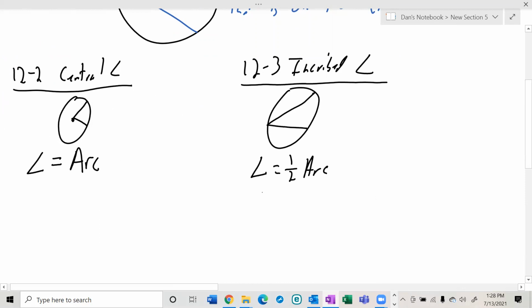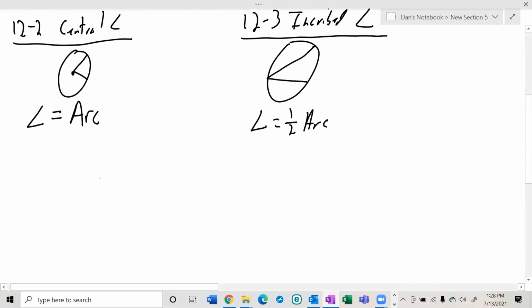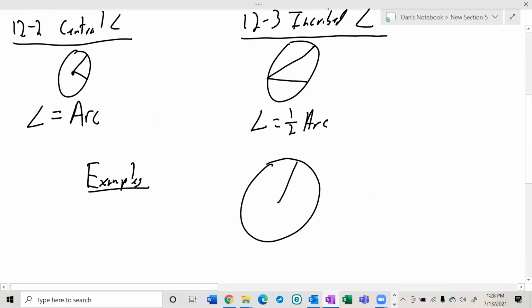Now they're going to do a whole bunch of crazy problems that are going to mess with you. Here are some examples of what they could have, and it could get more and more complex. They could give you something like this. They could say this arc here is, let's go with, 30 degrees.